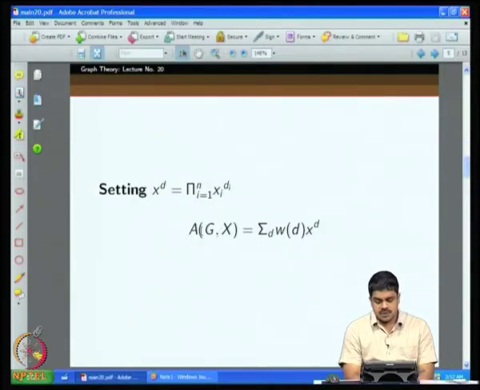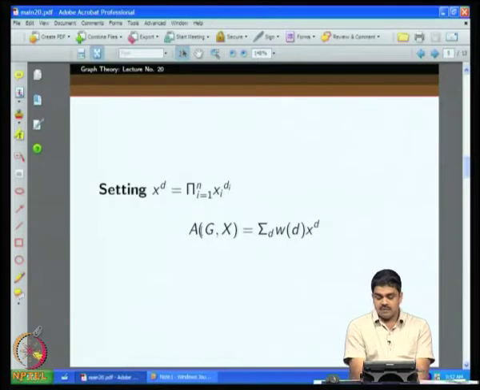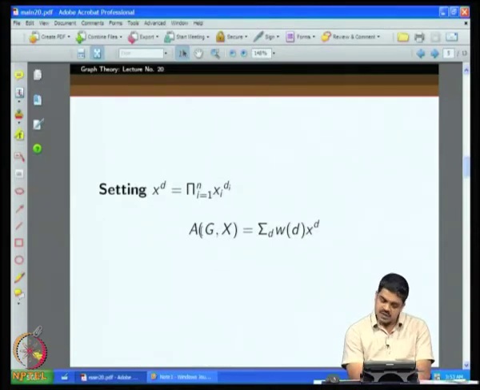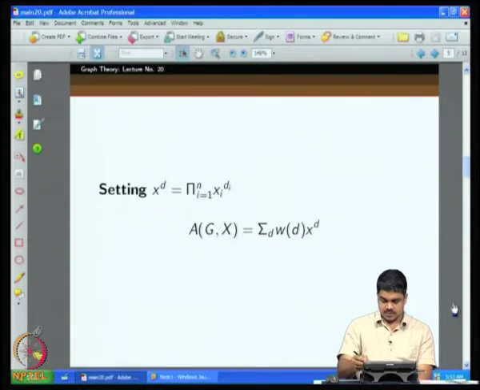So now we can always ask: given a degree sequence, consider all the possible orientations with that degree sequence, and if I sum up the signs, will it be negative or positive, or will it be 0? Such questions can be asked, and this is what we are going to make use of in the later proofs.